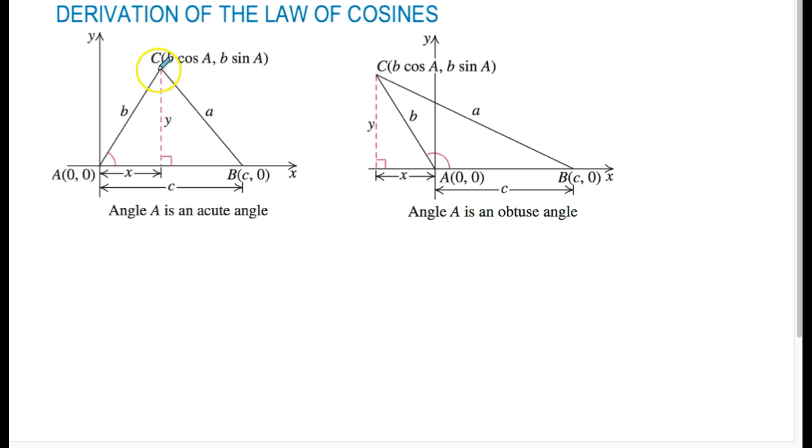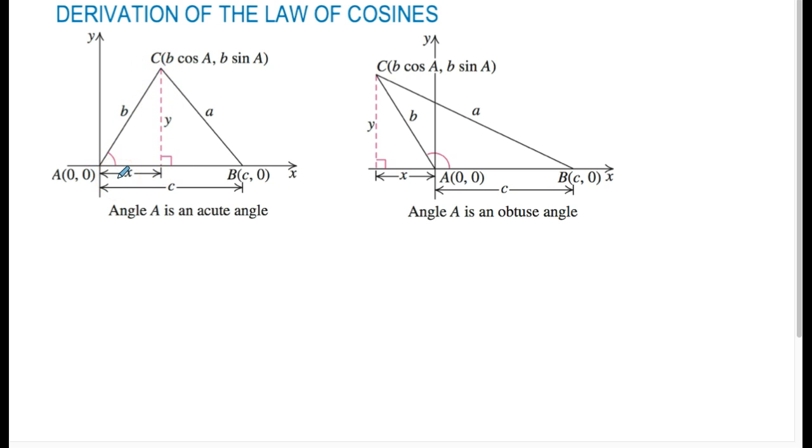Now, for the coordinates of point C, we can derive those using a right triangle. So if I drop an altitude down from point C and create a right triangle here, to get the x and the y coordinates, first if I look at the x coordinate, with respect to angle A, this would be the adjacent side of this right triangle.